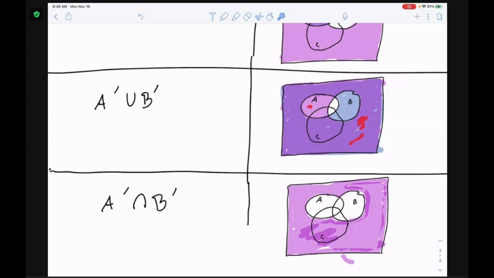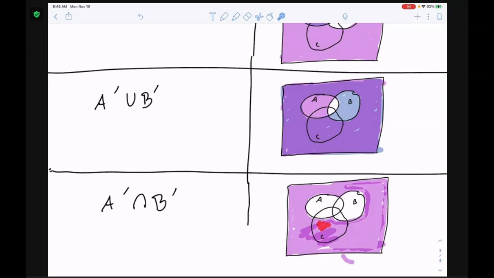So we have a light purple, a blue, and then a dark purple out here. Anything that's dark purple meant that it was colored on both of the drawings. It was colored for not A and it was colored for not B. And that's what we're looking at with the intersection.